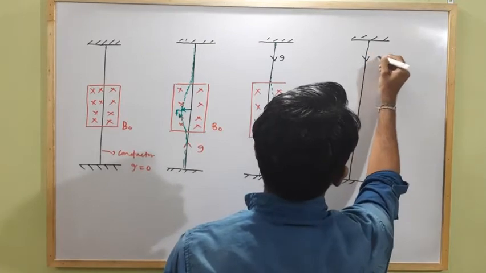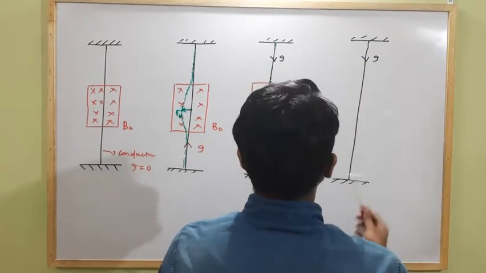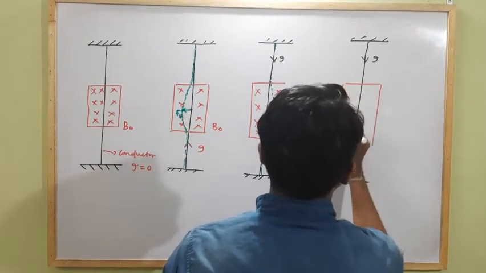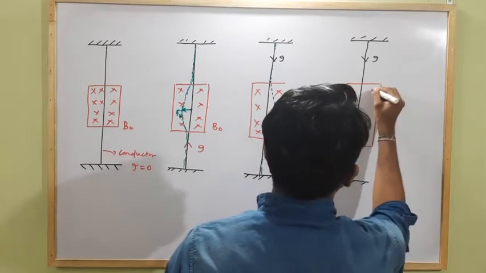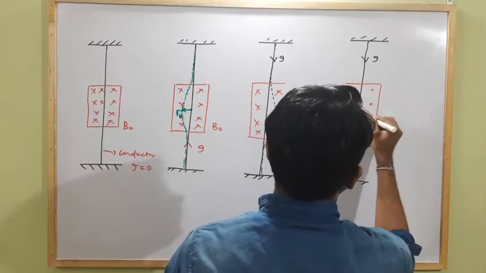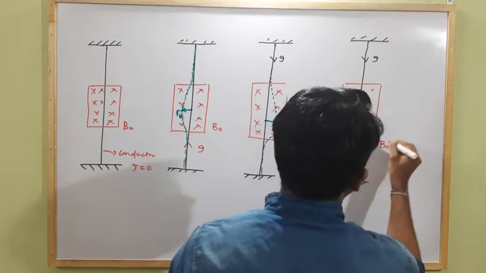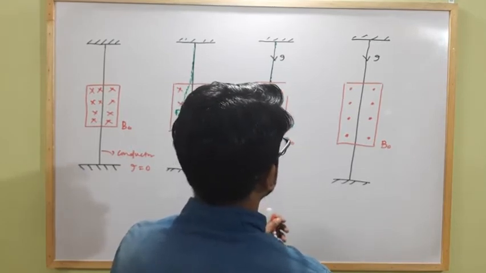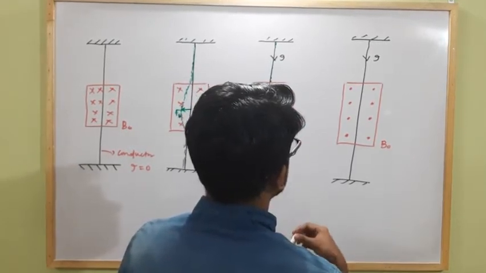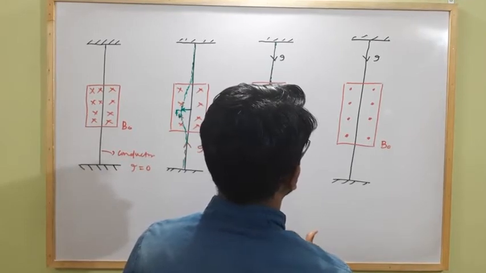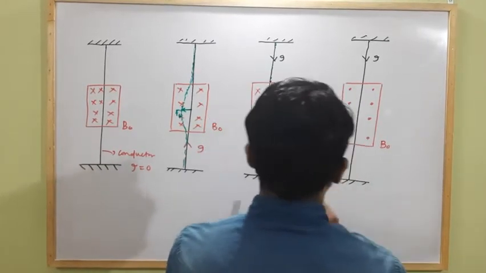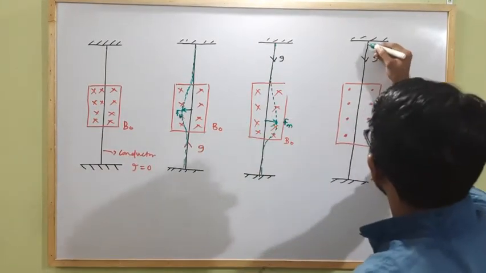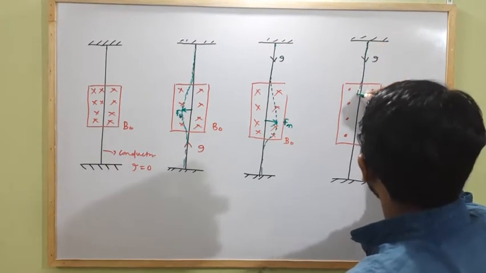And similarly, in the same case, here there is the same current carrying conductor, it carries current in the downward direction, but here we change the direction of the magnetic field. Now the magnetic field is out of the plane. Now it was observed that as the direction of the magnetic field gets changed, the current carrying conductor bends like this.